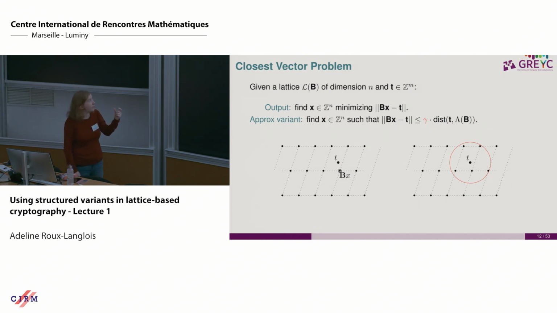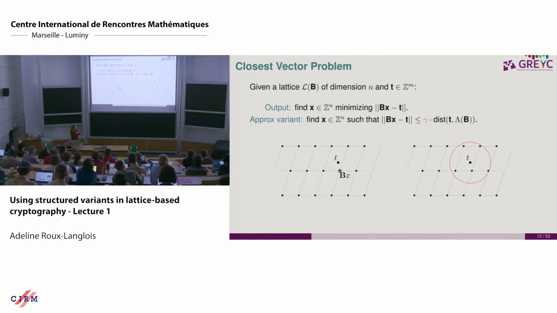You want to find the closest point of the lattice of your target. And as for the previous problems, we can also allow an approximation factor. So instead of just one solution, you have several solutions. You just want an element of the lattice which is close enough from T, like with a norm which is less than gamma times the distance of T on the lattice.